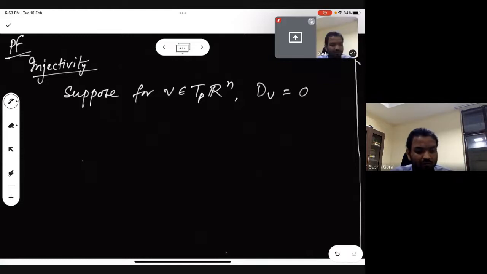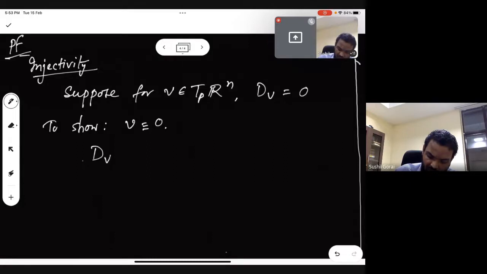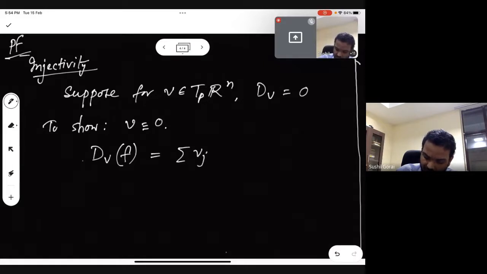We want to show v is identically 0. So Dv acting on the function f is, by definition, the summation over j from 1 to n of vj del f by del xj at p.